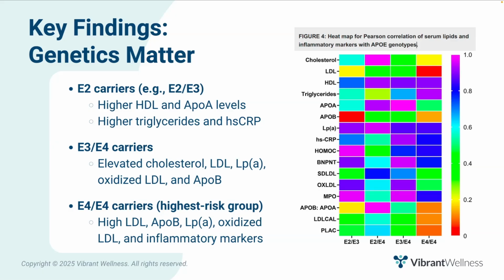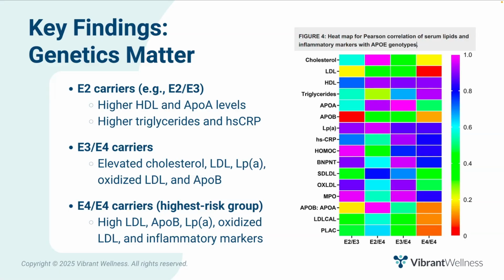And E4-E4 carriers, the highest risk group, had the most abnormal profiles, specifically high LDL, ApoB, Lp(a), oxidized LDL, and inflammatory markers like MPO and hsCRP. In short, E2 alleles lean towards protective, while E4 alleles strongly predispose to cardiovascular disease and Alzheimer's disease risk.